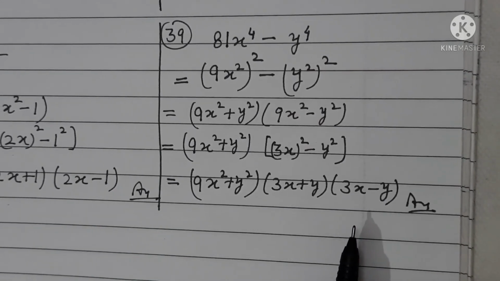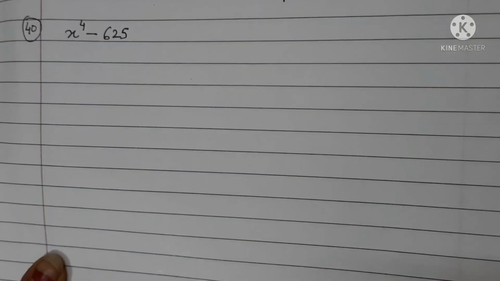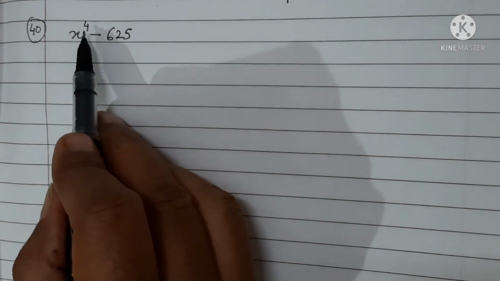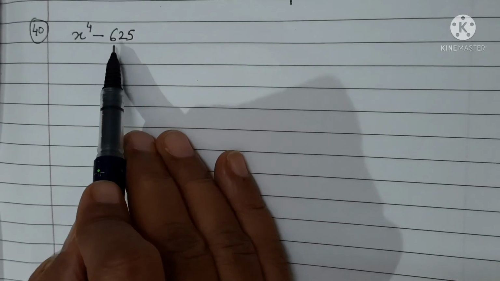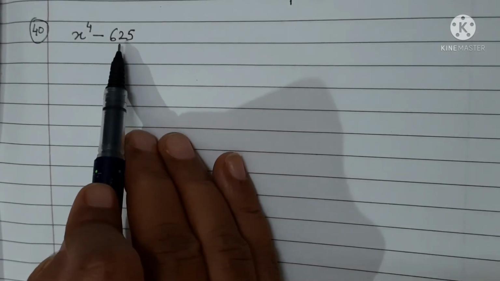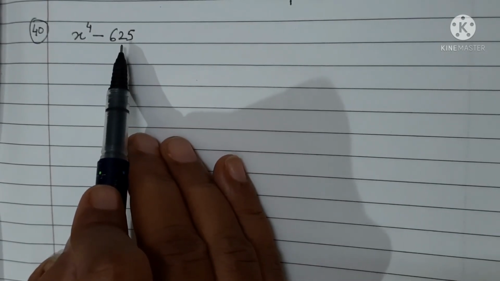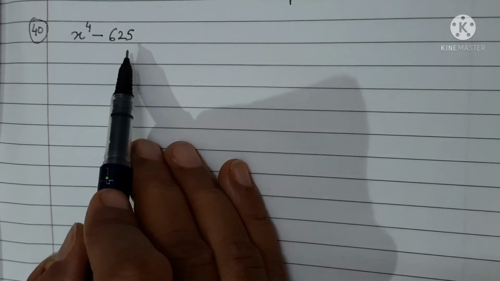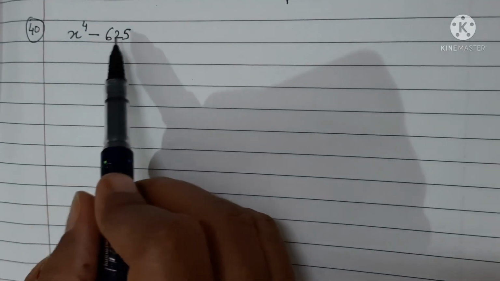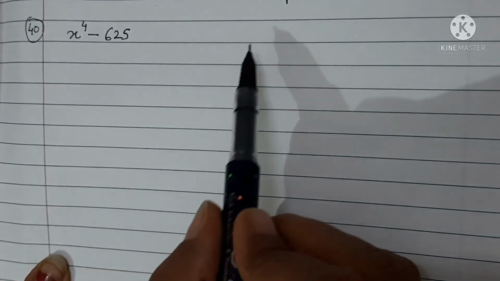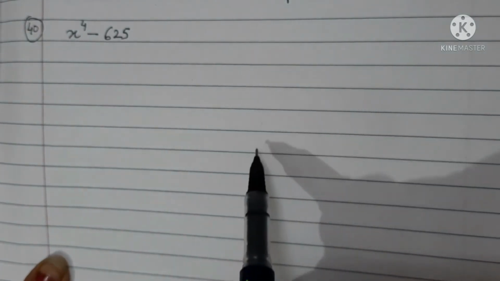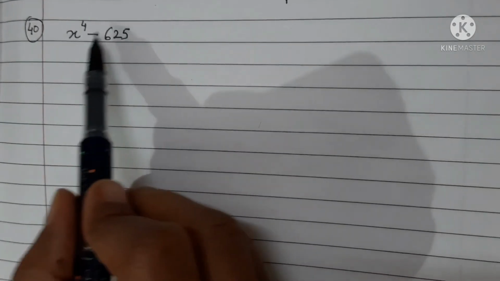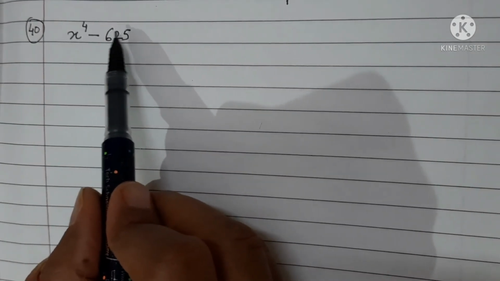Next question 40: x to the power of 4 minus 625. As you know, this is the square of 25. 25 into 25 is 625. Students, if you do not know, then do prime factors and make pairs to make this number a square.